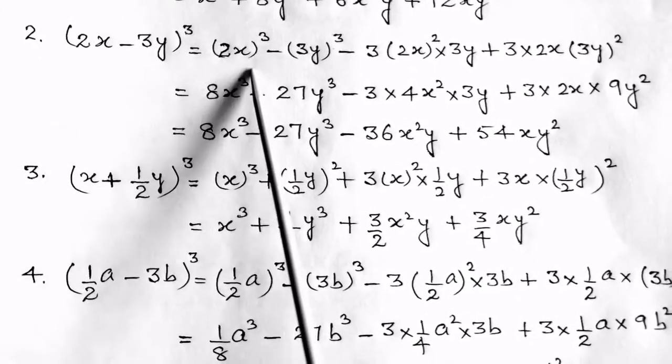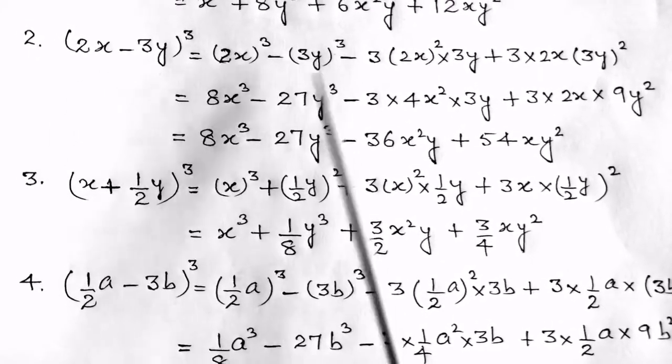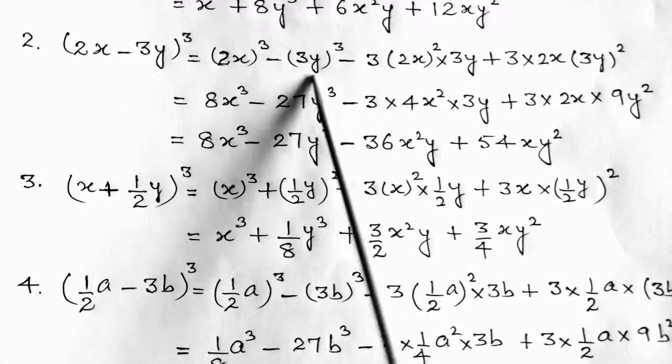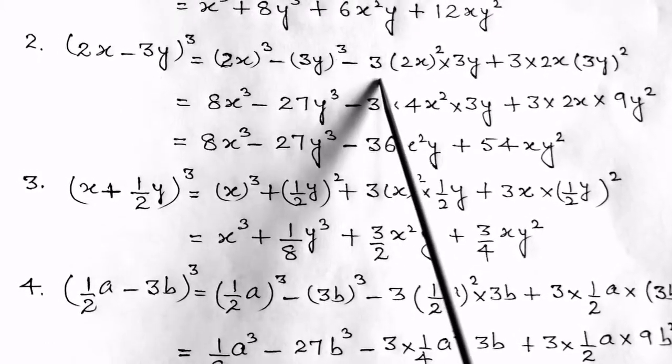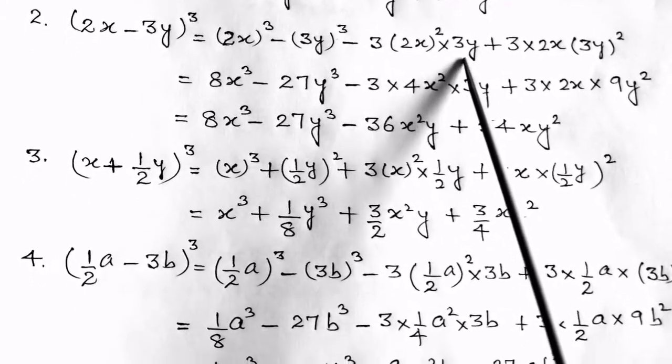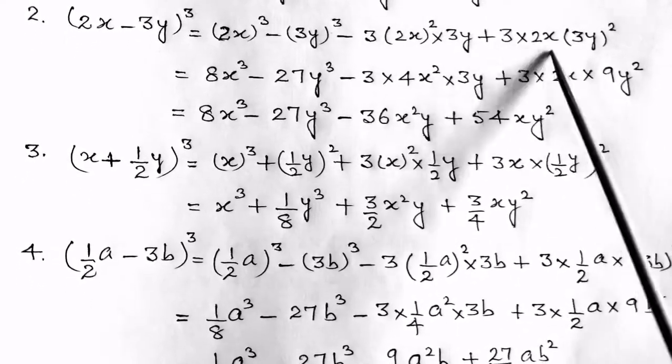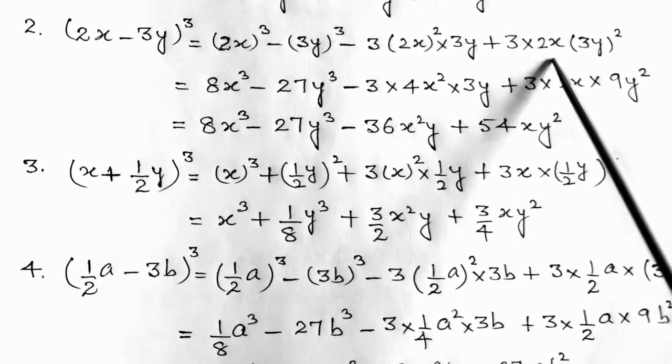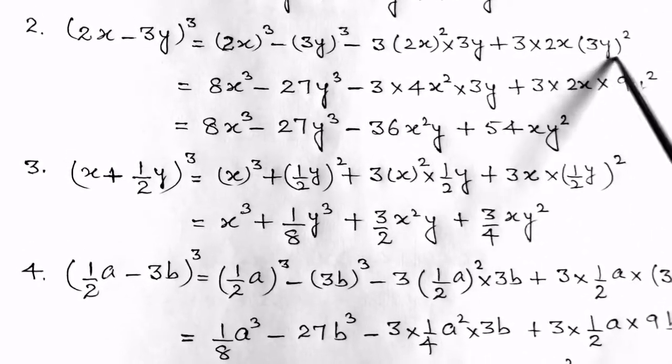Second is (2x − 3y) whole cube, right? So again cube of first, that is cube of 2x, minus cube of second, that is cube of 3y, minus 3 into square of first into second, so 3 into square of 2x into 3y, plus 3 into first, that is 2x, into square of second, that is square of 3y.